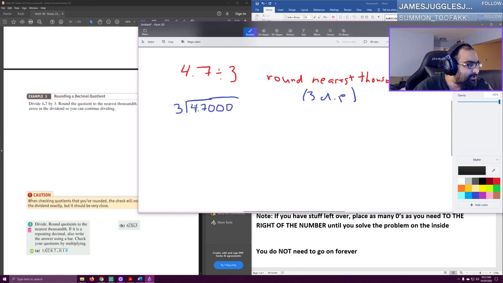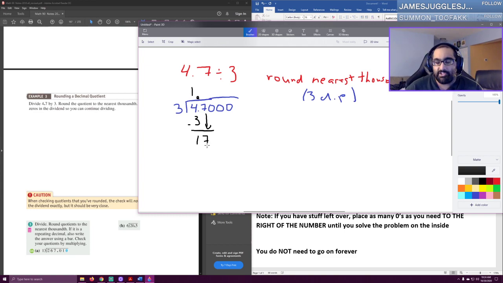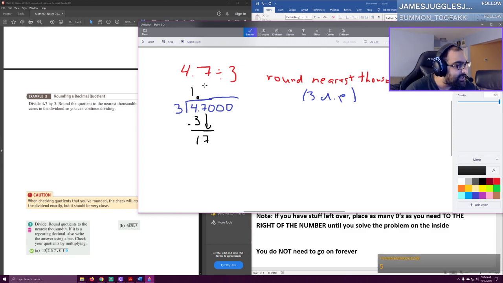So 3 goes into 4 one time. Pretty easy. Oh, we've got to line up those decimals too. So we get 3, get 1. Bring down the 7. Okay, how many times does 3 go into 17? 5 times, okay.